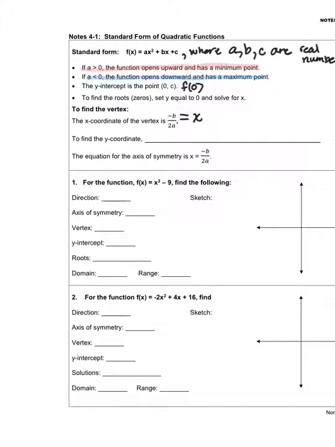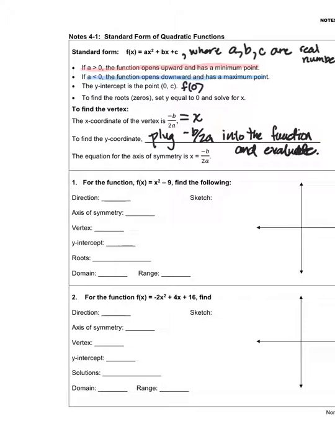So to find the y-coordinate, we're going to plug in negative b over 2a into the function and evaluate. Okay, so the equation for the axis of symmetry is x equals negative b over 2a.